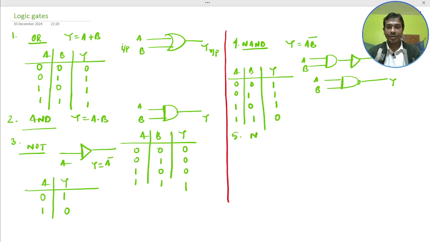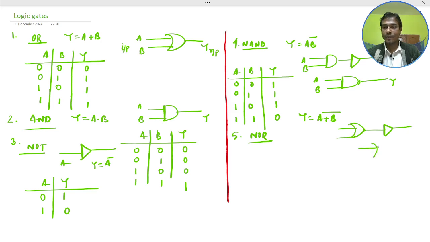Next one, the NOR. For the NOR case, Y equals A plus B bar, where this is the OR and this is the NOT. So this is the NOR, with inputs A, B and output Y equal to A plus B bar.